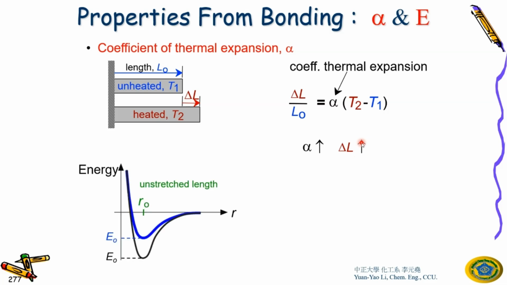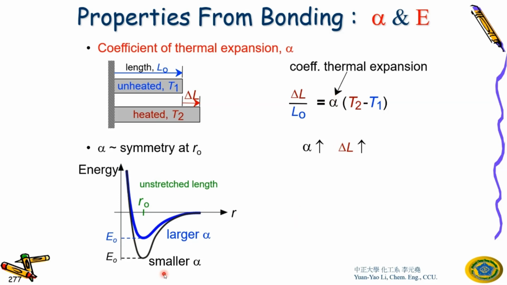So again, let's take a look at this. This is the bonding energy E0, two objects 1 and 2, for example. So alpha is symmetric at R0. You stay here, and at large R, you have a large thermal coefficient, because the bonding energy is low. So the thermal coefficient will be large, right? Because the bonding energy is weak.